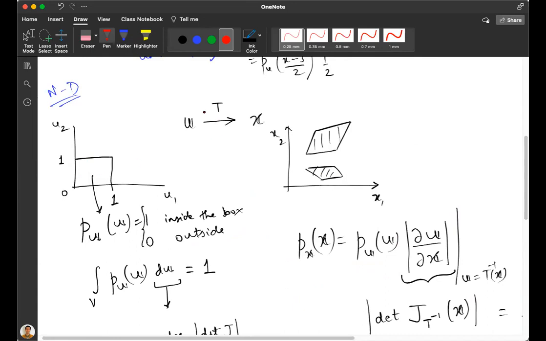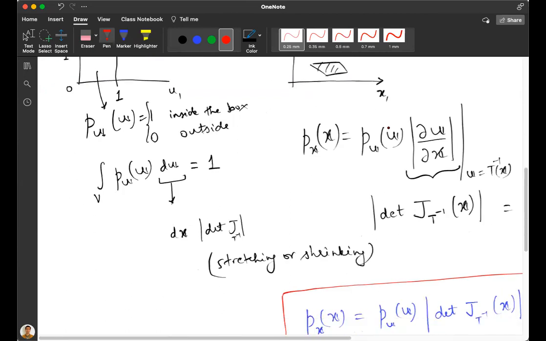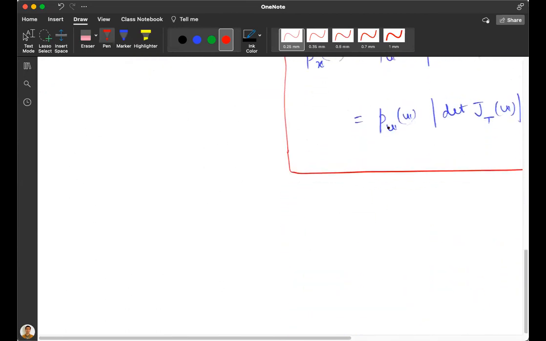And I apply a transformation T and convert this into a very complicated distribution, which is not very easy to sample from directly, right? So using this method, I sample from here, apply the transformation, and I can obtain samples from this target distribution, right? So that's what my goal is.